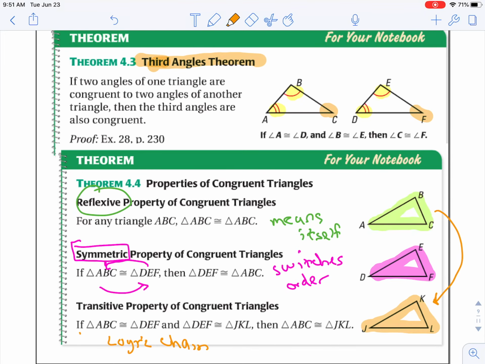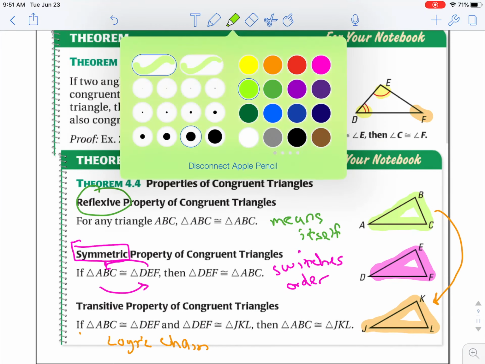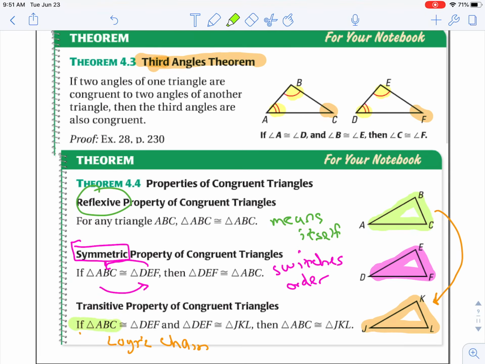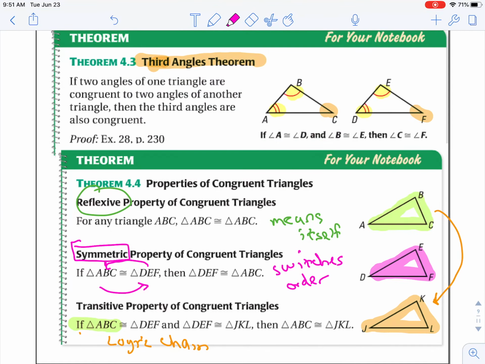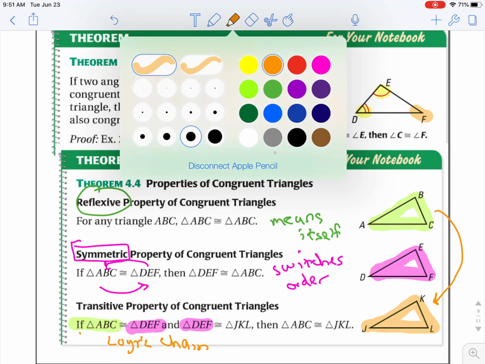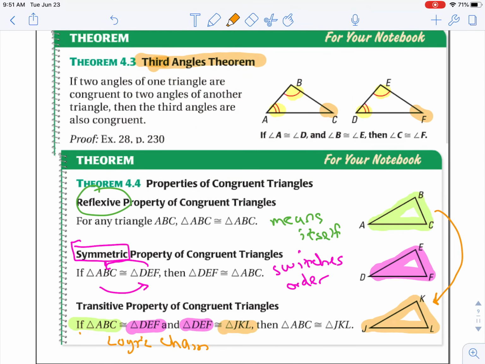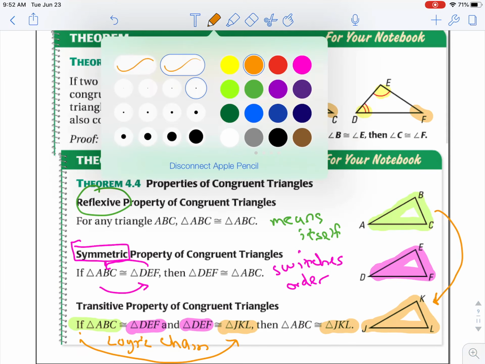So you have if ABC is congruent to DEF, and now DEF is congruent to JKL, then again ABC will be congruent to JKL.